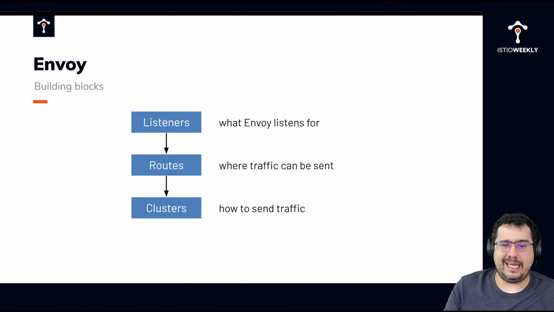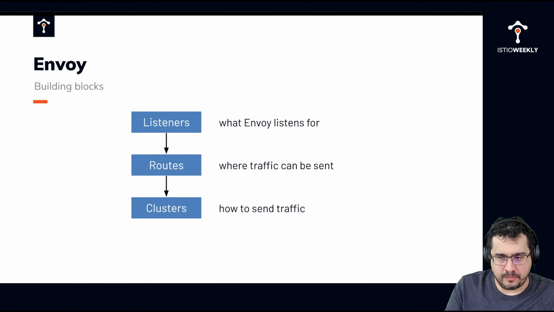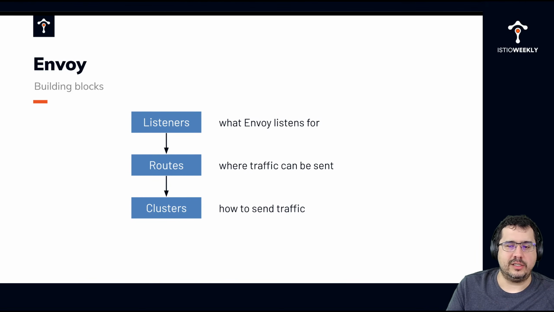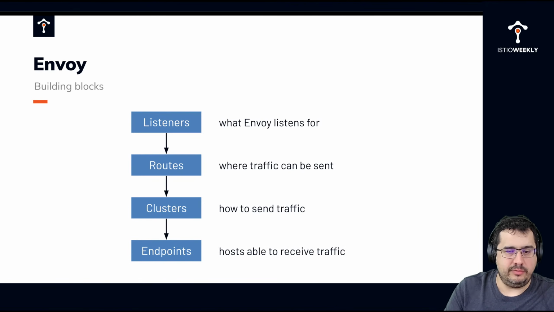All of this is configurable, and you can decide which hosts are included in which clusters. Clusters are also the place where we can configure things such as outlier detection, circuit breakers, connection timeouts, and different load balancing policies.